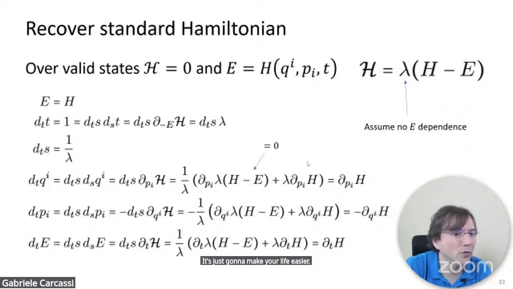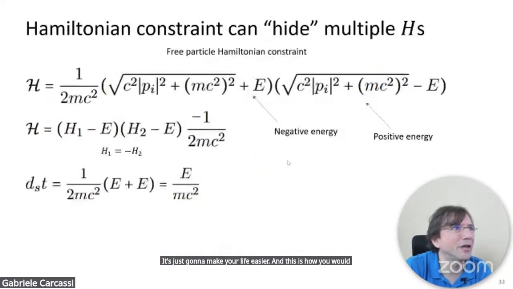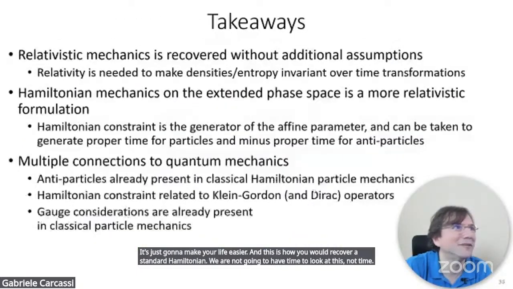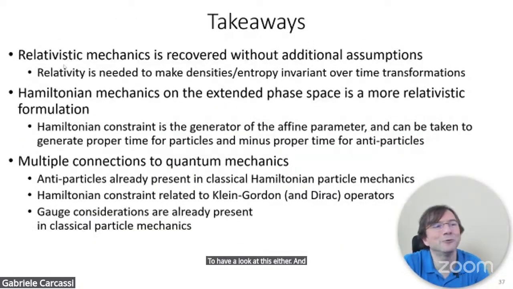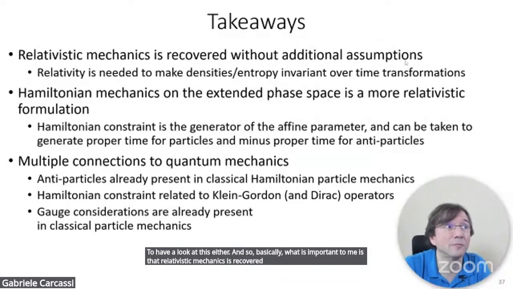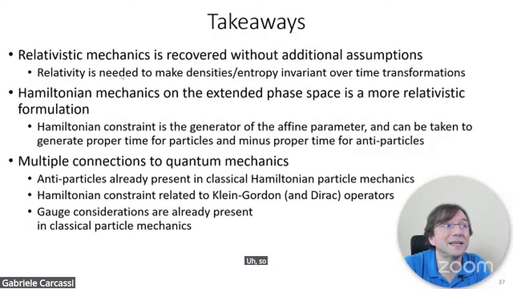And this is how you would recover a standard Hamiltonian. We are not going to have time to look at this either. Basically, what is important to me is that relativistic mechanics is recovered without any additional assumption. So relativity is basically needed to make density and entropy invariant under time transformation.